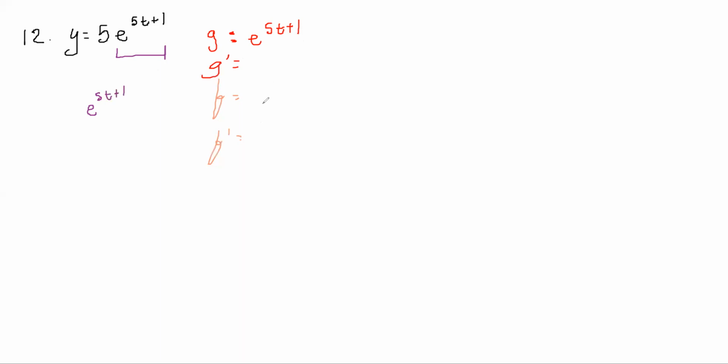Well, it's not going to be the same, because if we, for instance, have e to the 12x and we take the derivative of that, it's going to be 12e to the 12x, right? So if it's not just a variable up here, then we do have some changes happening when we're taking derivatives with the e function. So G prime is not going to just be e to the 5t plus 1.